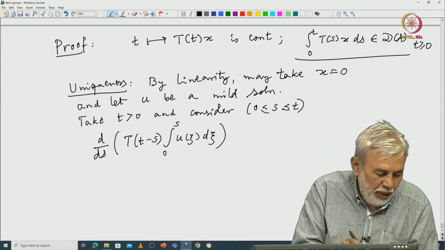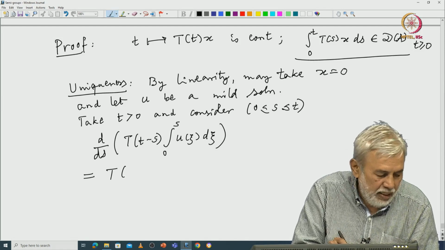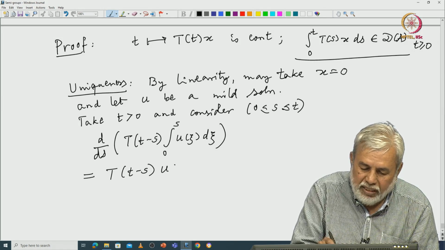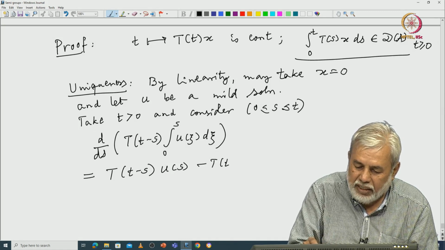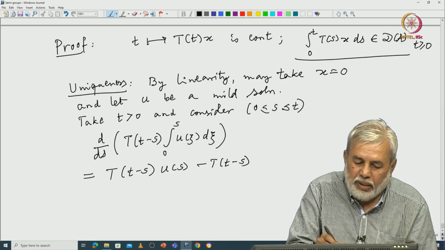So this one you just do this: u(s) minus A T(t minus s), and u is a mild solution.